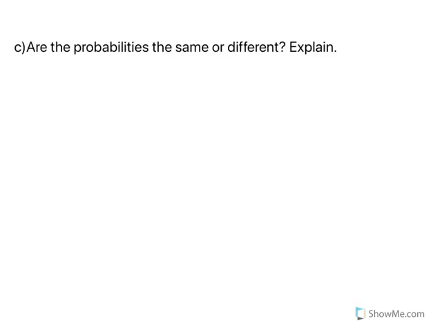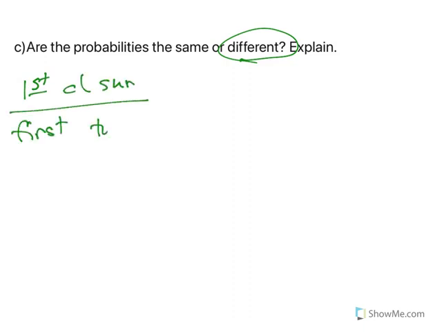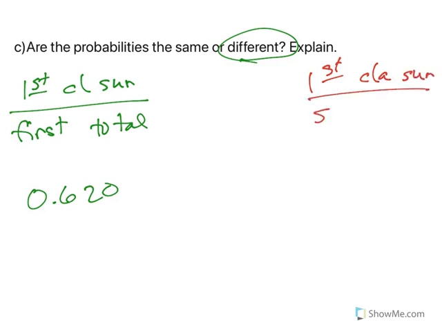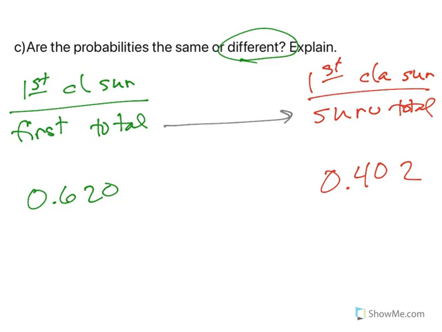Okay, great. Now, are these probabilities the same or different? Well, hopefully you remember those two are different, because we first looked at first class survivors over the first class total, and that gave us 0.620. And then we looked at first class survivors compared to survivors total, and that gave us 0.402. So why are they different? Well, we used different denominators, right?